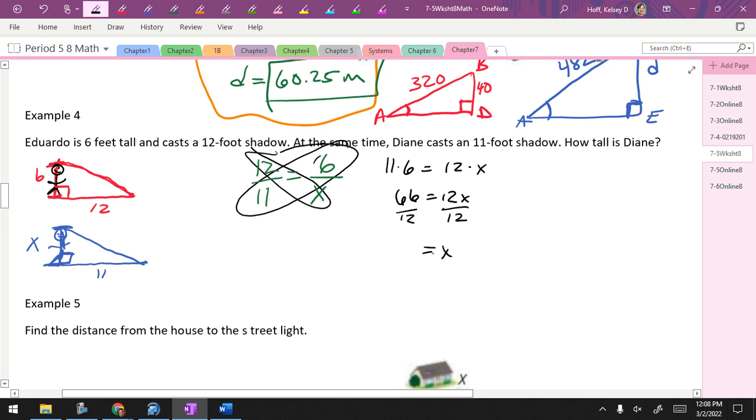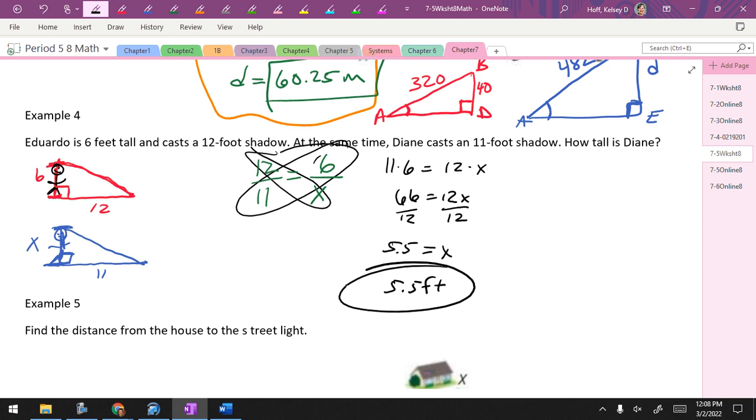How tall is Diane? 5.5, and technically my label would be 5.5 feet. Question? Do you want us to... I did 5.6? Just leave it as 5.5. Yep. I totally understand what you did, but no, I'm not going to get that picky on you.